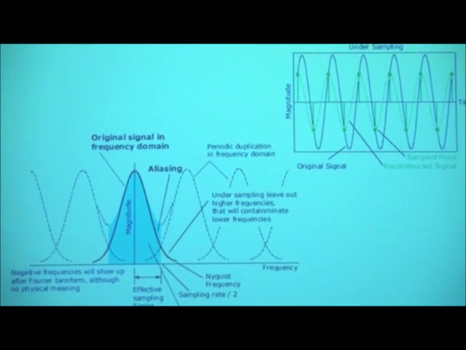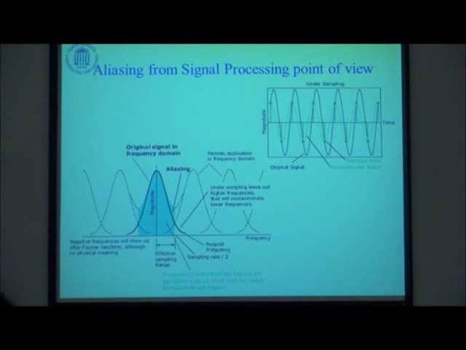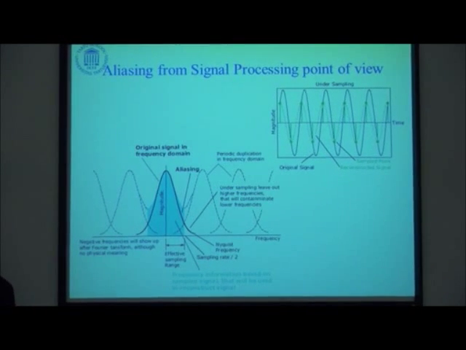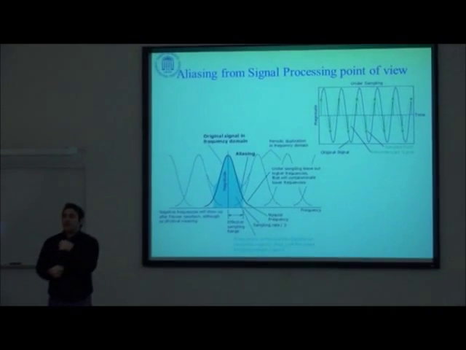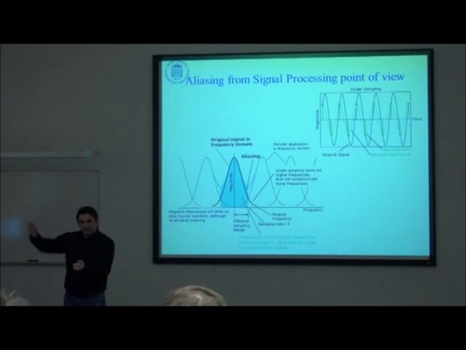Now, what is this aliasing? There are two definitions which I will show you. One of them is from the signal processing point of view. When we have an analog signal and we want to make it digital, we have to sample it. I'm sure you are familiar with this. Now, if we are sampling with a smaller number of samples, there is a threshold.